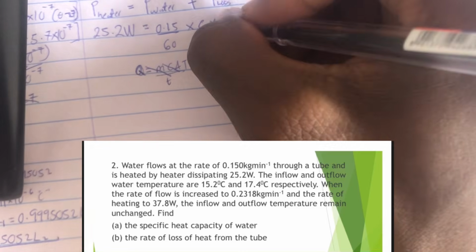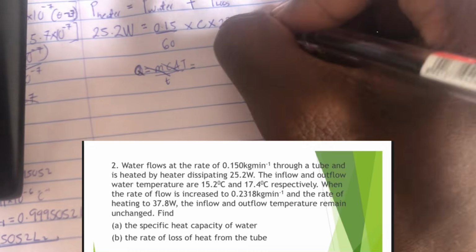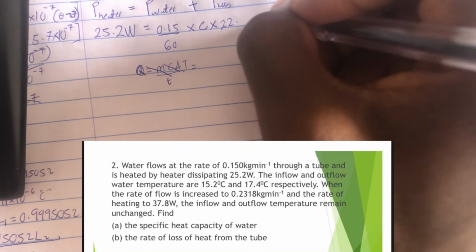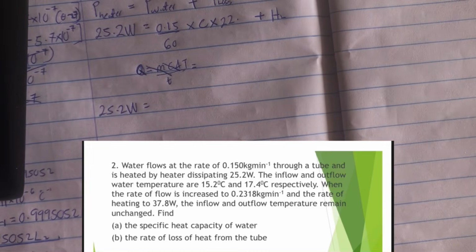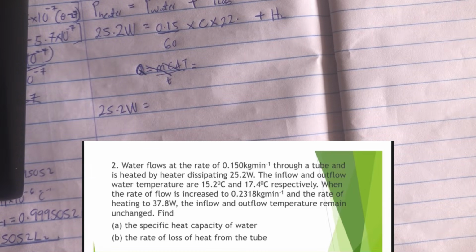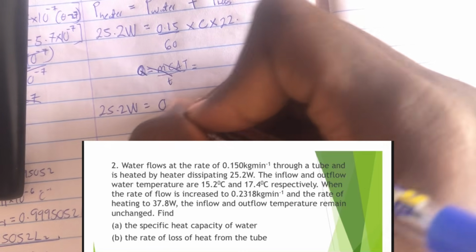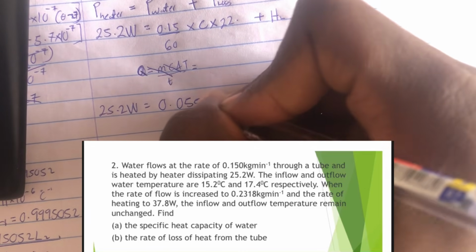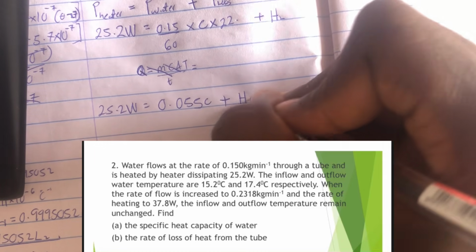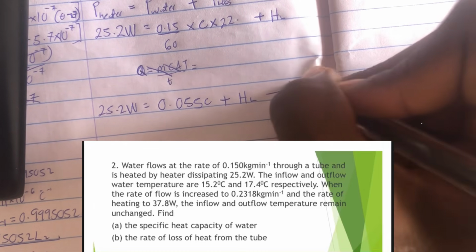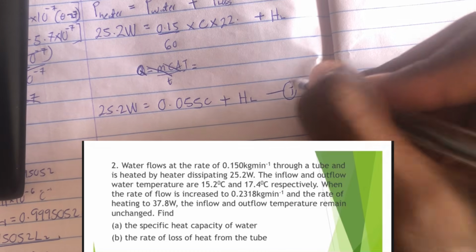That will be 2.2, plus the heat loss. You don't know it, so you also have to find that. So here we just have 25.2 watts is equal to 0.15 times 2.2 divided by 60. That's 0.0055 C plus heat loss. Let's call this equation one. That's for the first scenario.